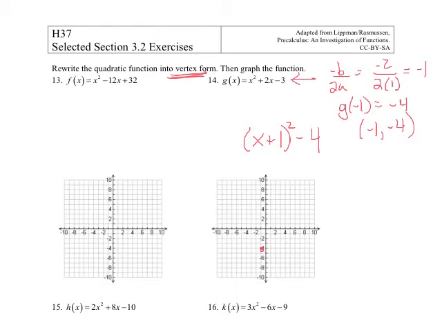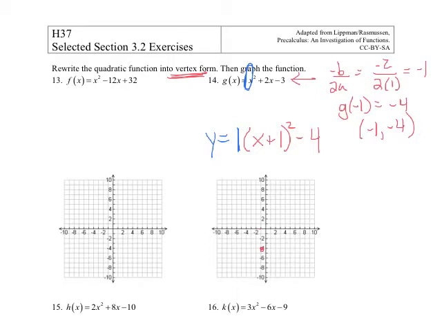And then the last piece is we notice there is no stretch on our x squared factor, so that number would be a 1. So here we have written the equation into vertex form.